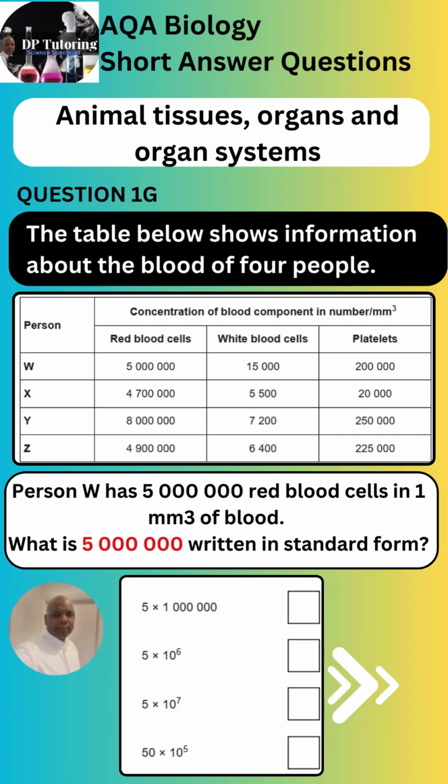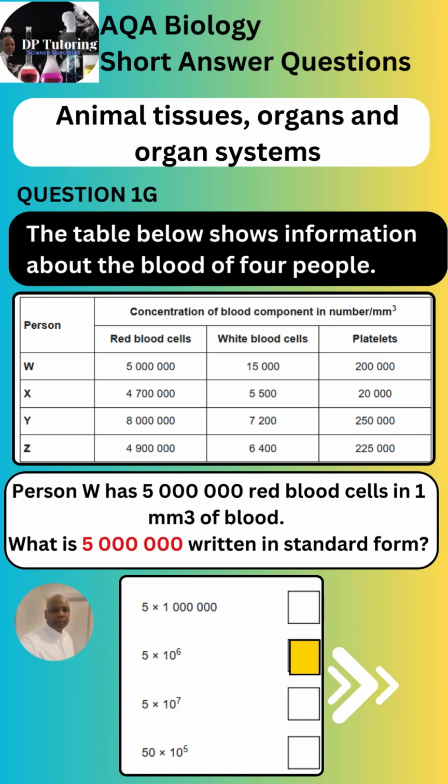The next part of the question provides a table with some information about 4 people and their blood group. AQA asks you to focus only on person W, which has 5 million red blood cells in 1 millimeter cube of blood. You are asked to write 5 million in standard form.